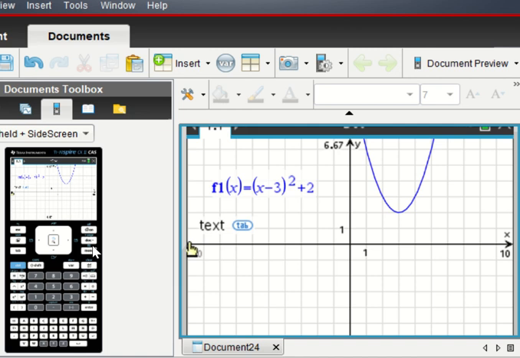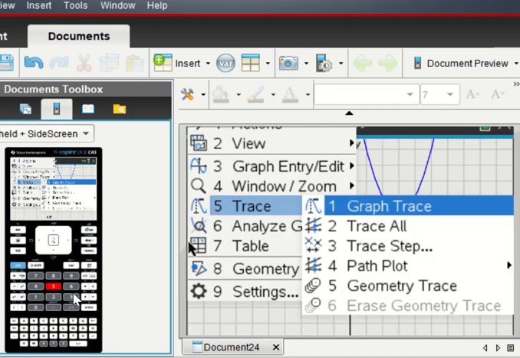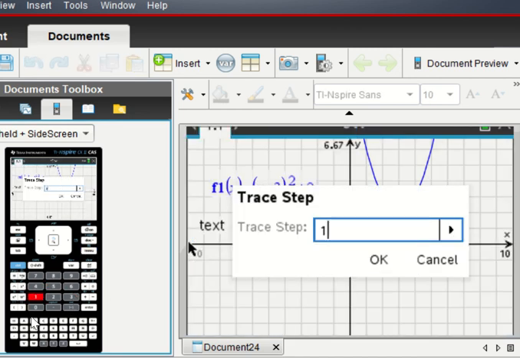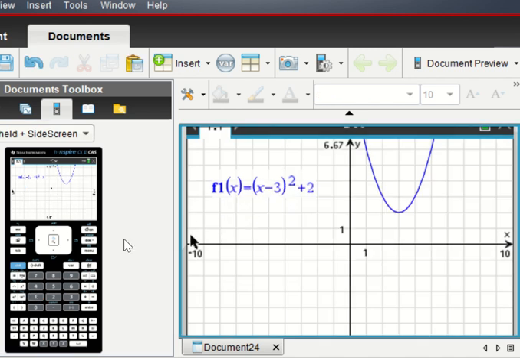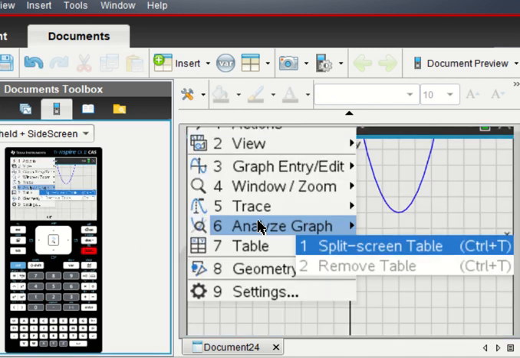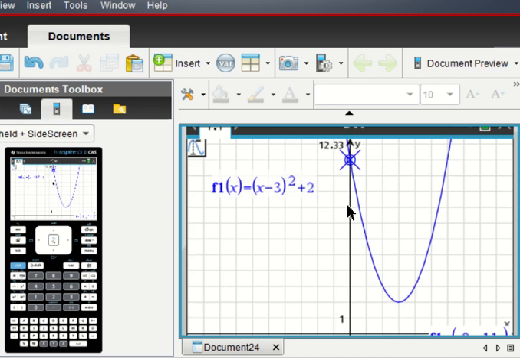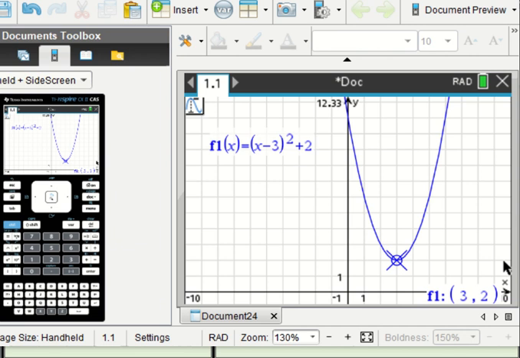Now, if we do menu 5-3, set our trace step to 1, we can do a graph trace with menu 5-1 and see all the important points on our graph. So as I go over, if you notice, my minimum is (3, 2).